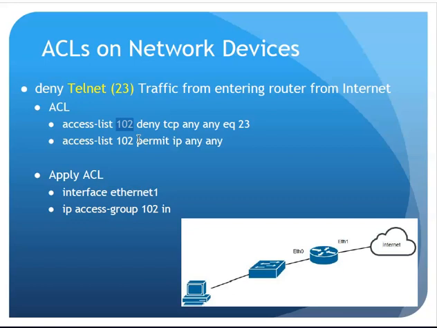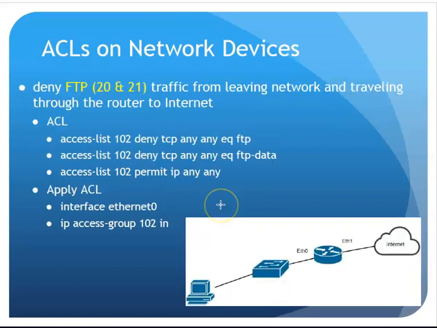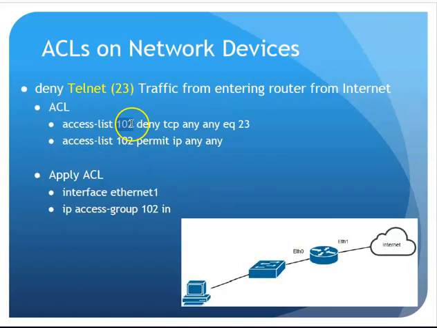This gives us more parameters, more variables that we can do. When we did our NAT configuration, we used the standard access lists like access list 1, access list 2, access list 3, and that was a very simplified access list. Now that we're using numbers above 100, it gives us more parameters that we can permit or deny on. So we're using 100, 102, 103, 104 kind of thing.